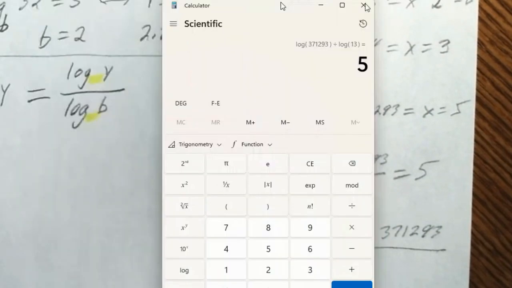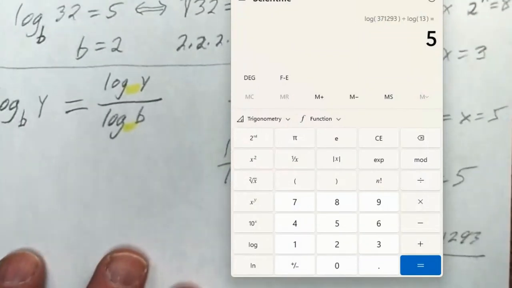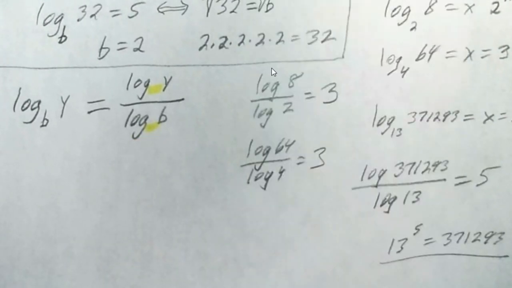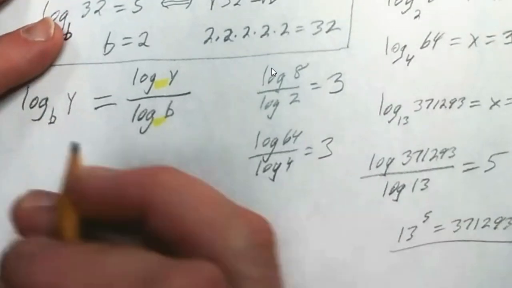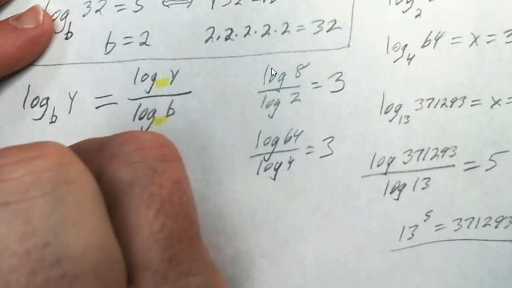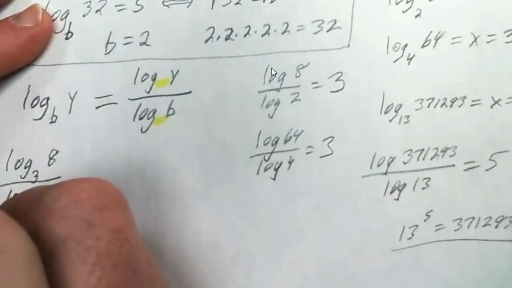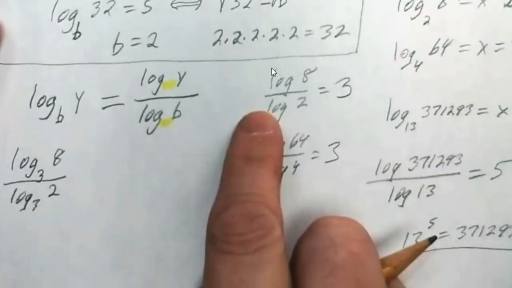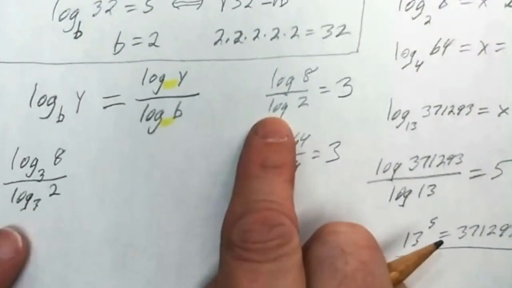So what's great about this change of base formula is I can change it to any base I want to. I could say log base 3 of 8 divided by log base 3 of 2. This is the same as this. I use base 3 instead of base 10.